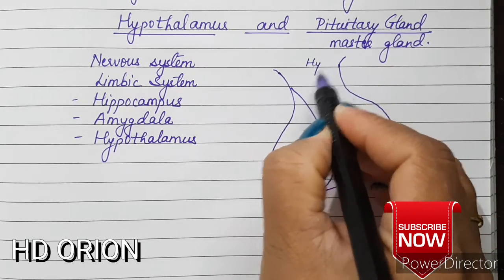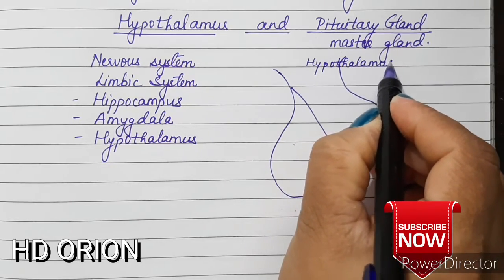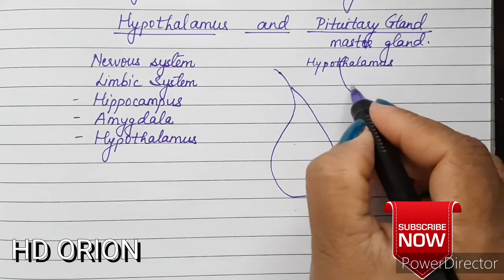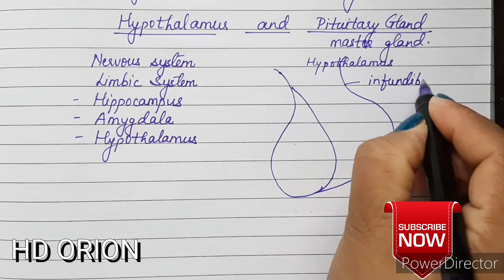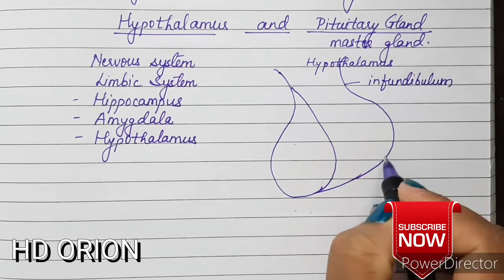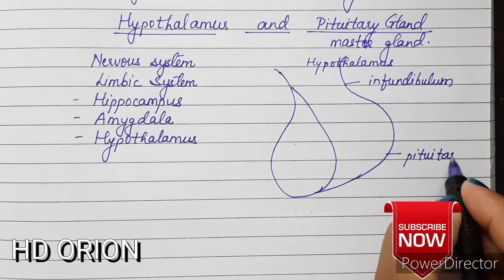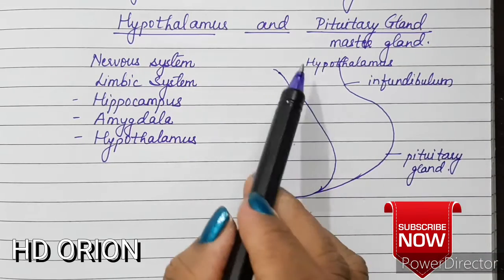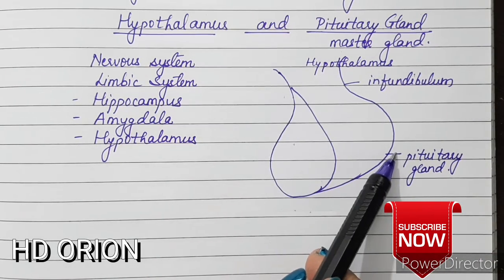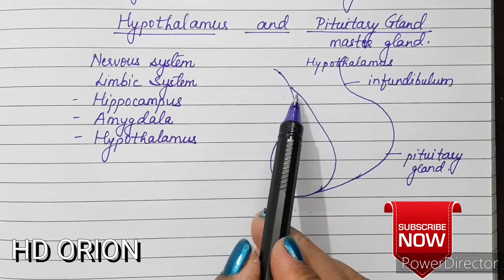If this region is the hypothalamus, this stalk is infundibulum and this is the pituitary gland. So to the hypothalamus, the pituitary gland is attached by a small stalk called as infundibulum.